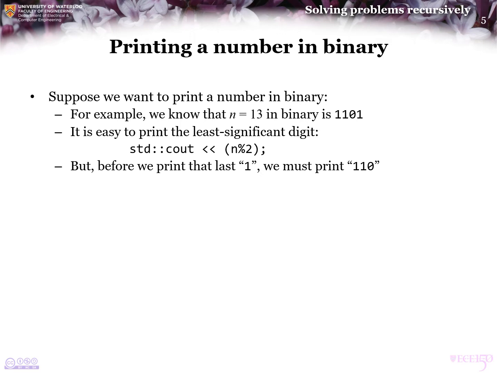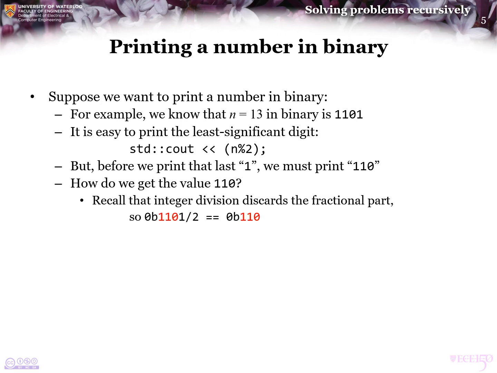Now, how do we get 110? Well, recall that integer division discards the fractional part. So if a local variable stored the value 1101 or 13 and we divide that local variable by 2, then the result will be 110 and the fractional part of the division will be thrown out.